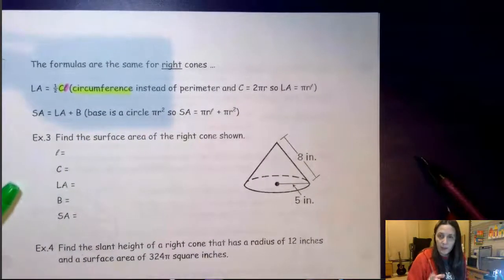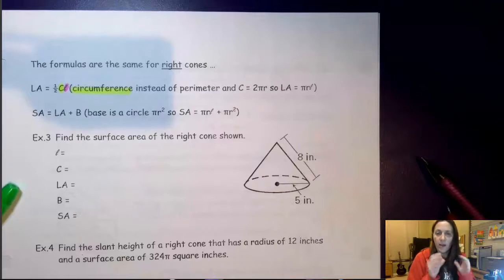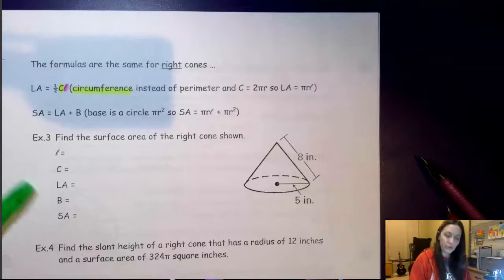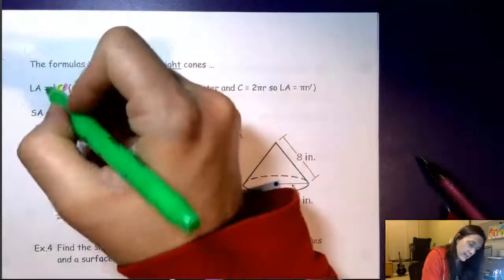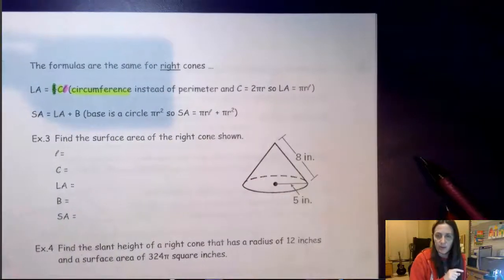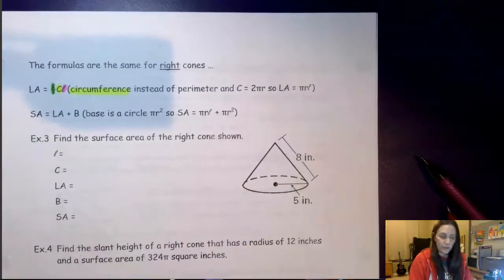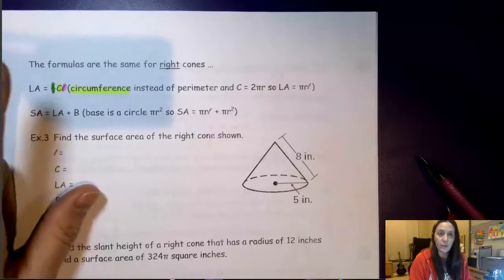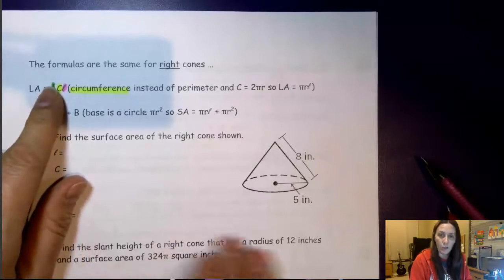That is one thing that happens with the surface area. When there is one base, you have to remember that you're going to have half. This did not happen with the rectangular prisms the day before. The rectangular prisms, you did not have the halves. You have the halves when you have one base.